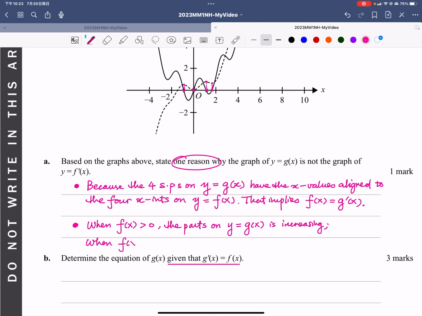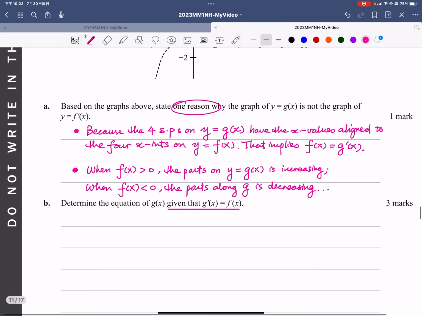When the graph f of x is below the x-axis, the parts along g is decreasing, something like that. I mean, you could also have other sorts of reasons, but let's just look at the other parts.